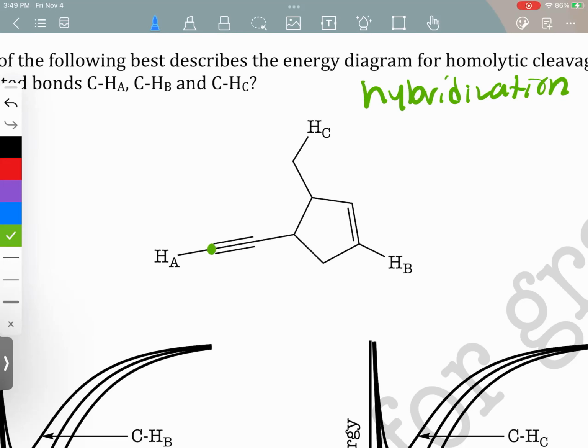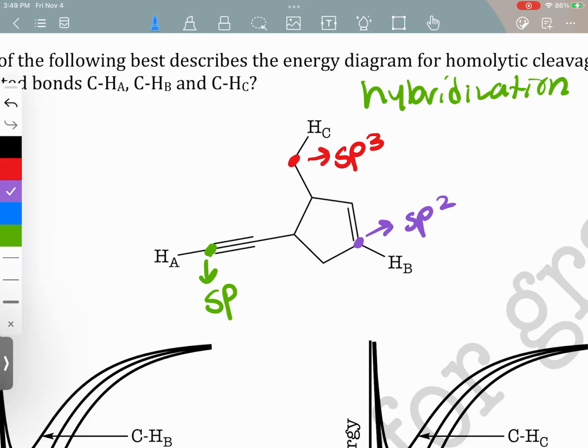So for example, this carbon here, what's the hybridization of this one? SP. What about this carbon here? SP3. And this one is sp2.